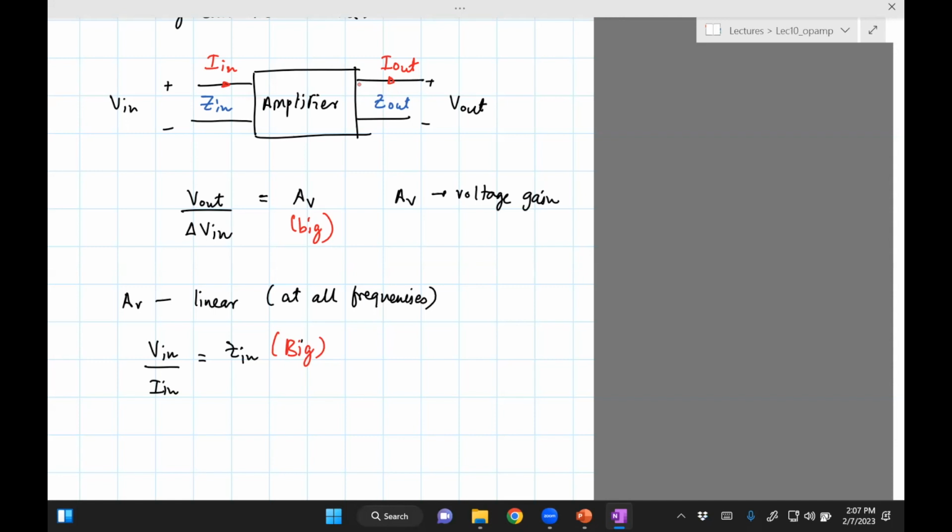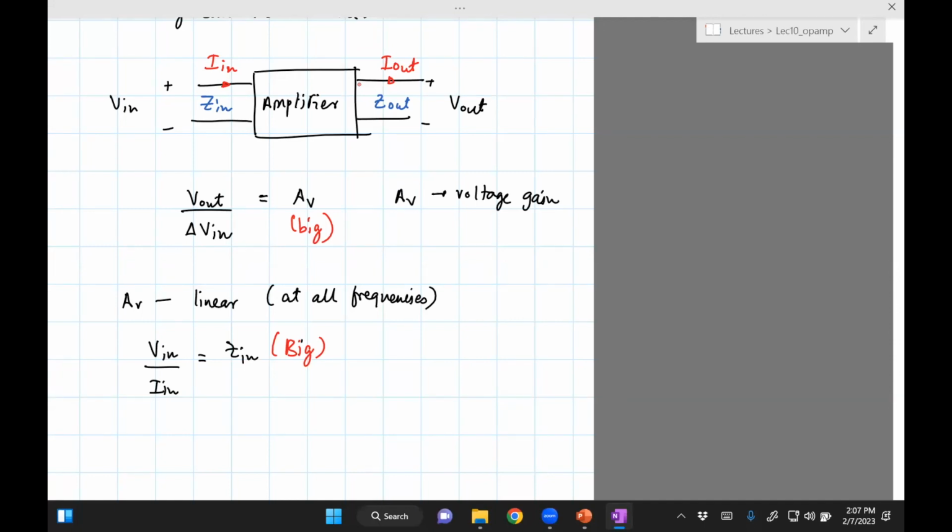So the input impedance is big. Think of impedance for all practical purposes as a resistance. If the resistance is big, then the current I in would be small, right? Bigger the resistance, smaller the current.